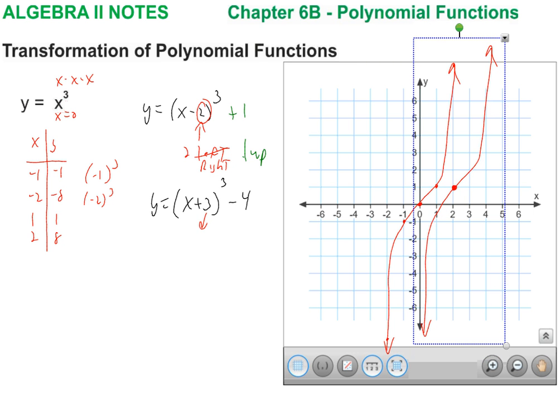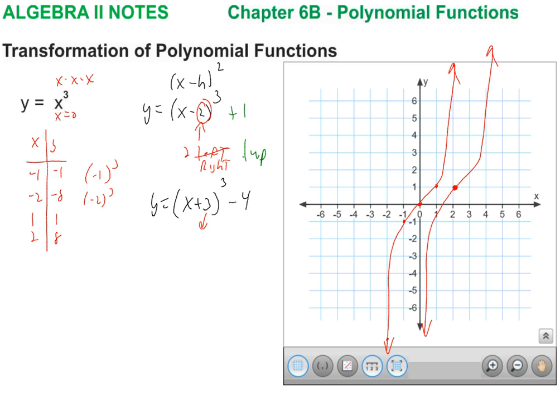Man, oh, man. That's what happens when you go fast. Haste makes mistakes, and I'm trying to go fast for you guys. And I don't want to make it worse. So let me slow down and say again. Remember, this is x minus h, quantity cubed. You read the h after a minus sign. Therefore, the h is positive 2, and that's 2 to the right.